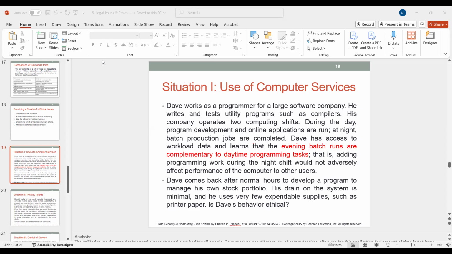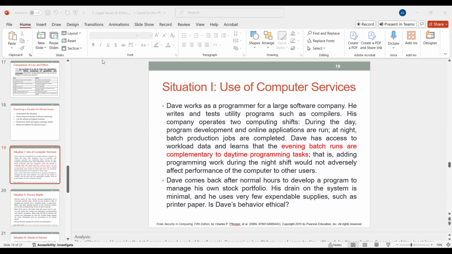So that is not ethical, even if the resource is freely available. He cannot use those resources for his personal usage. If he wants to, he needs to get prior approval from his top level managers. Otherwise he violates the company policies. Here he is misusing the resources.